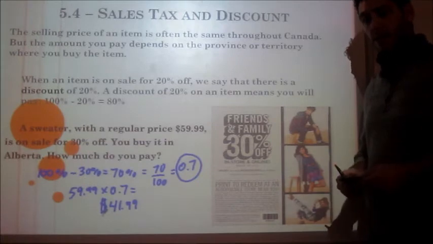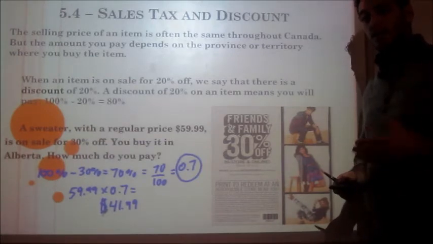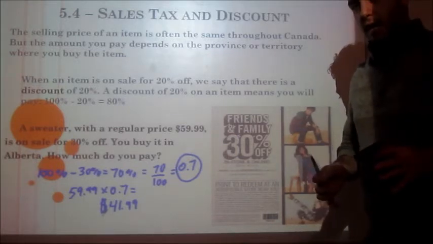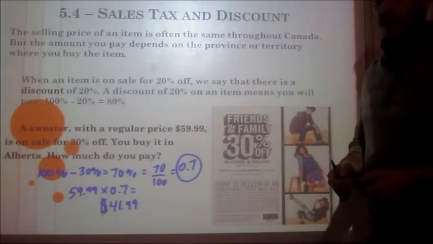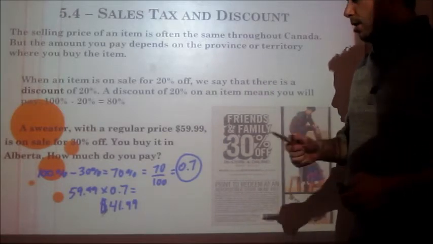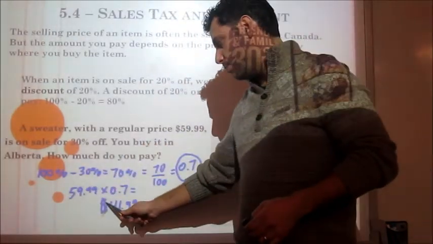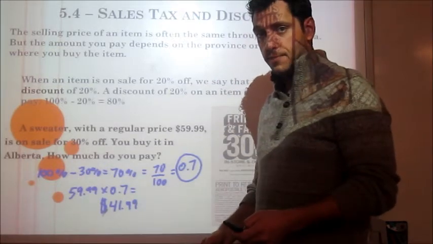Now remember, we're in the province of Alberta, so we're going to now have to add the GST, the sales tax. Now we can think of the sales tax as the opposite of a discount because it's increasing the amount we're going to pay. We're going to now take this price, which is the sales price. This is the new 100%.